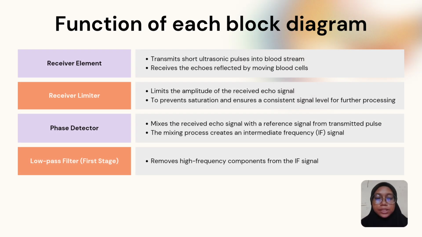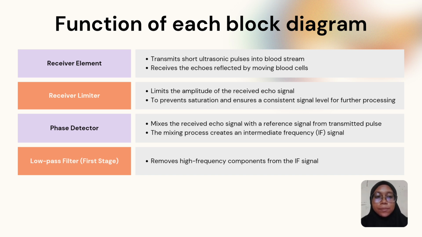The last one in this initial process is the low-pass filter. The function of the low-pass filter is to remove unwanted high-frequency components from the IF signal. In a blood flow meter, it eliminates noise and harmonics introduced during transmission, reception, or within the electronics.